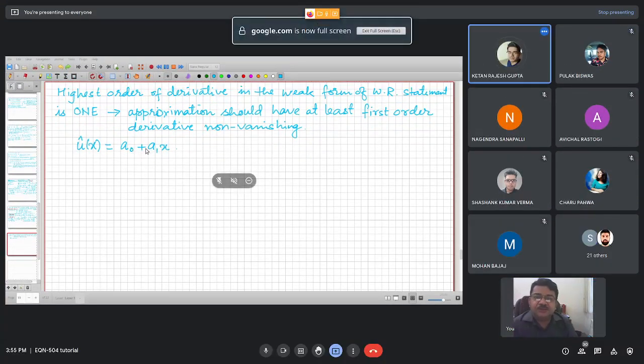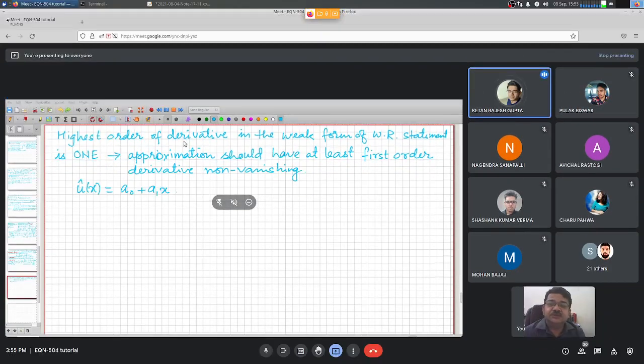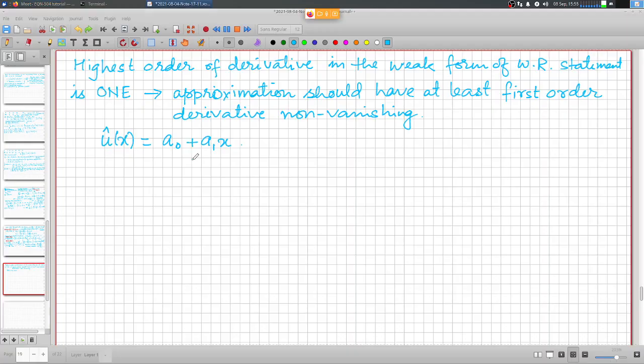Sir, this approximated function u does not have only one requirement, that it should be differentiable one time. It should also satisfy the boundary condition. And this function will not satisfy the boundary condition. Am I right, sir? You are right in the sense of classical methods of approximation, and in that case we will choose this approximation according to the satisfaction of the boundary condition.